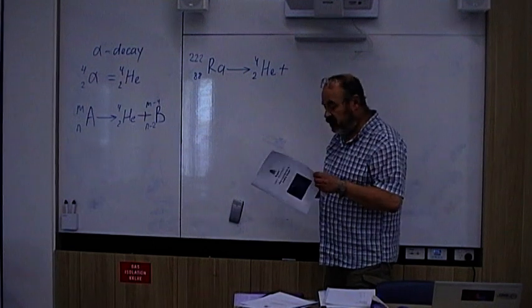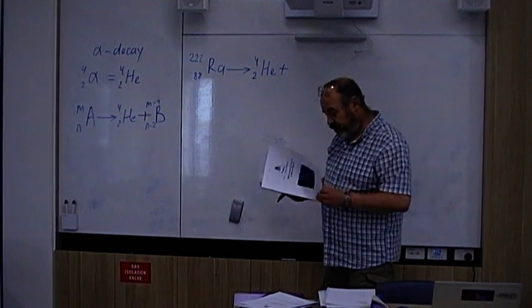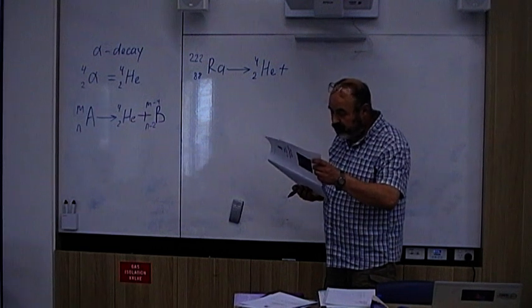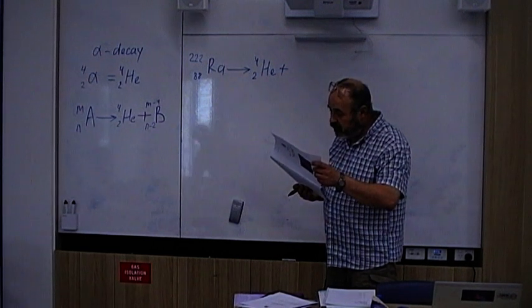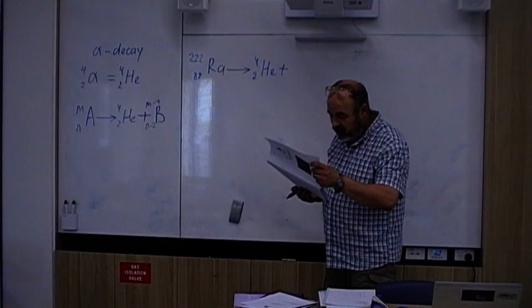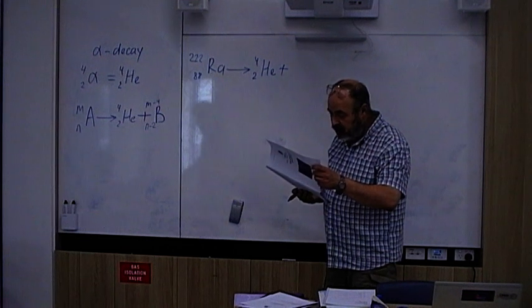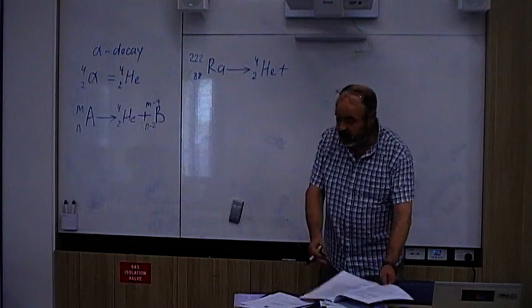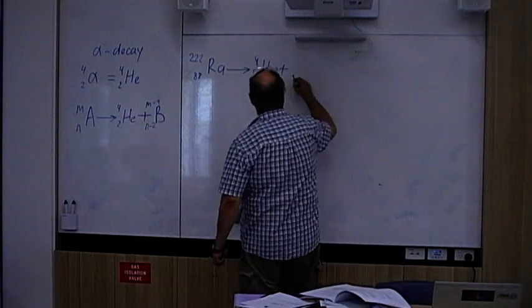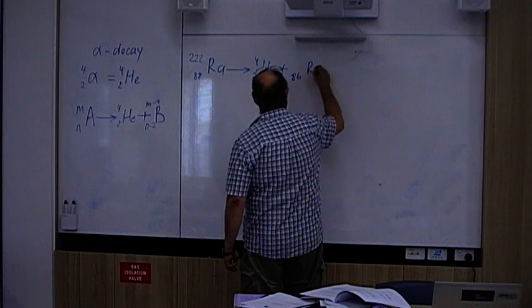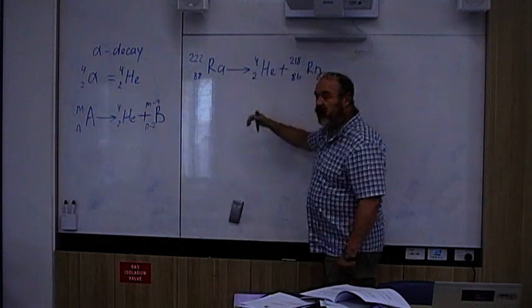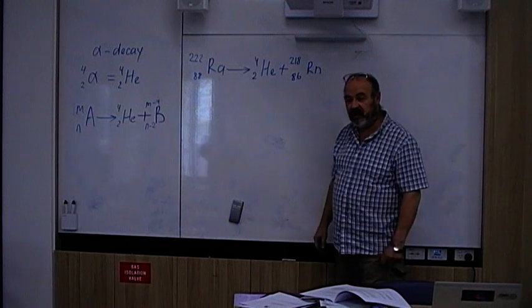What element does it become now? No, we have minus 2. 88 minus 2 is 86. Radon. It was 88, becomes 86, it's radon, and 218. So that is an example of alpha decay.